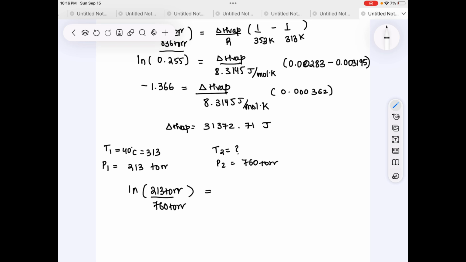We found the enthalpy of vaporization, which is 31373 joules per mole, the R value is 8.3145 again.